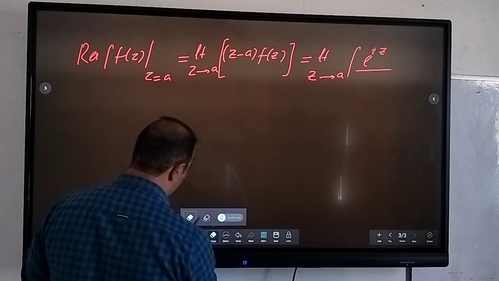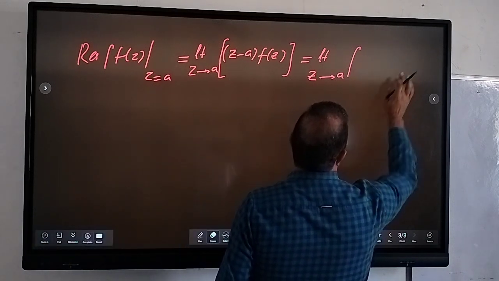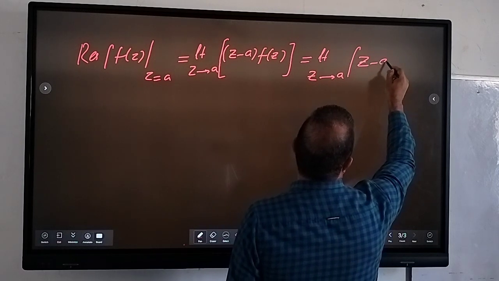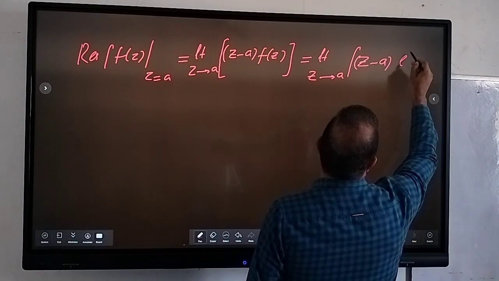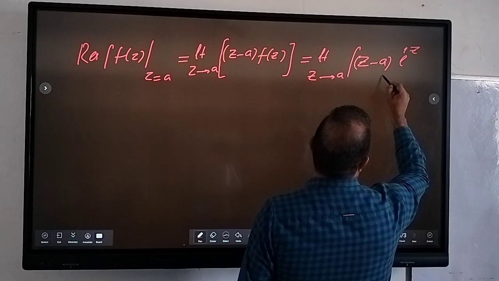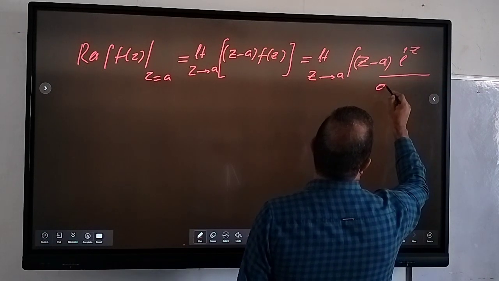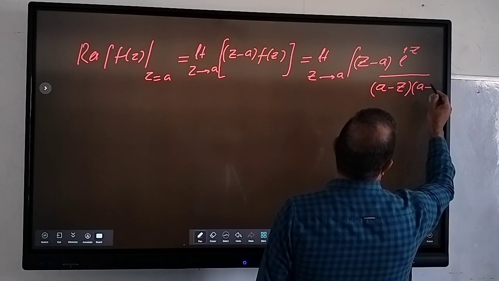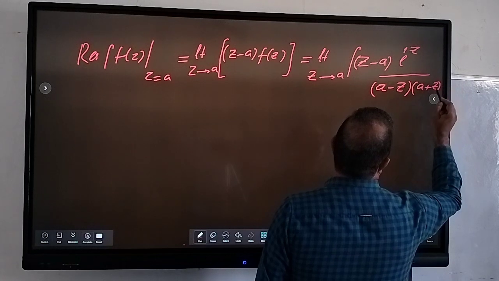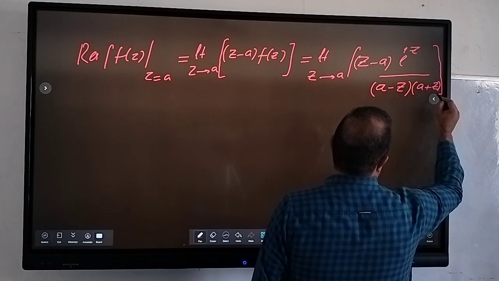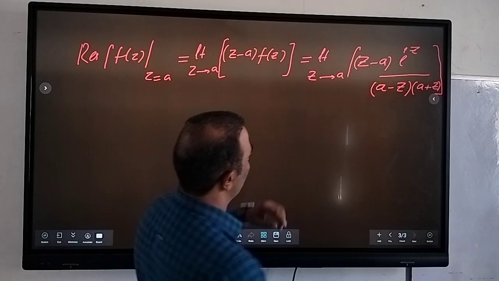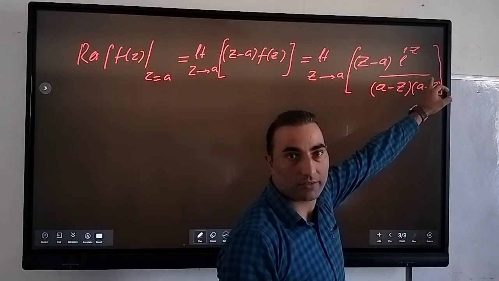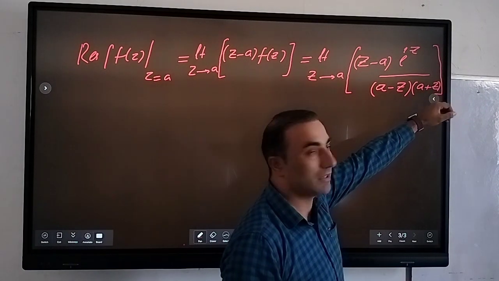Okay, so let me write one more step because there is a minus sign here. Huh? So let me check it. Where this is z minus a. Okay, so what I did here: I simply took that our f of z was e raised to the power iota a z divided by z minus a into a plus z.